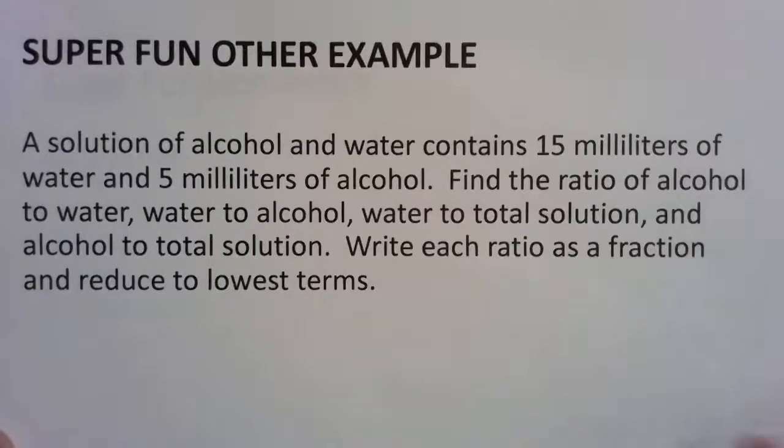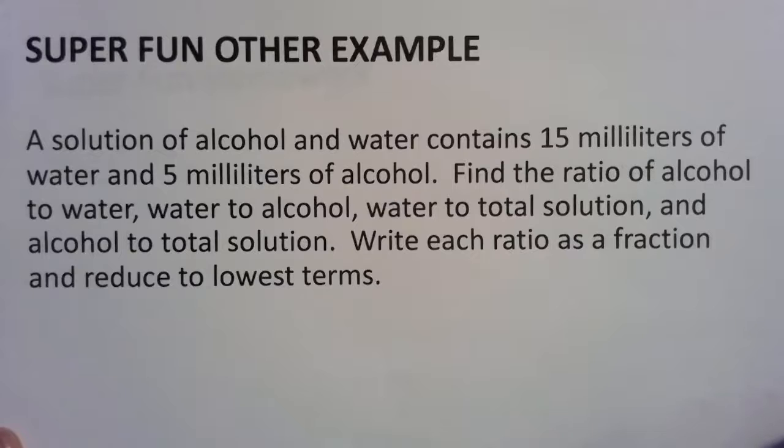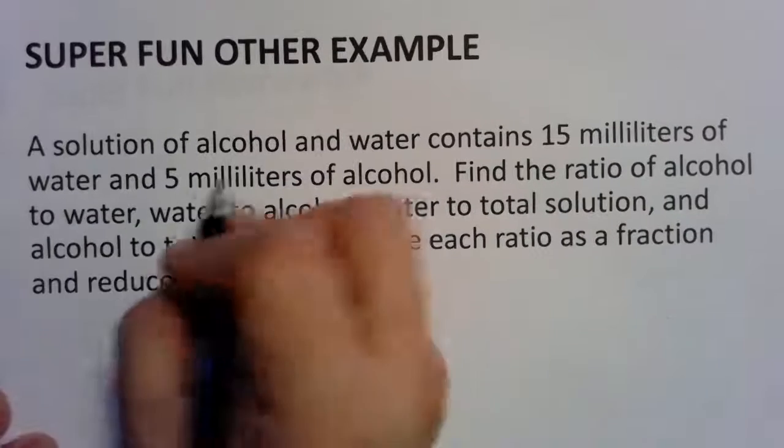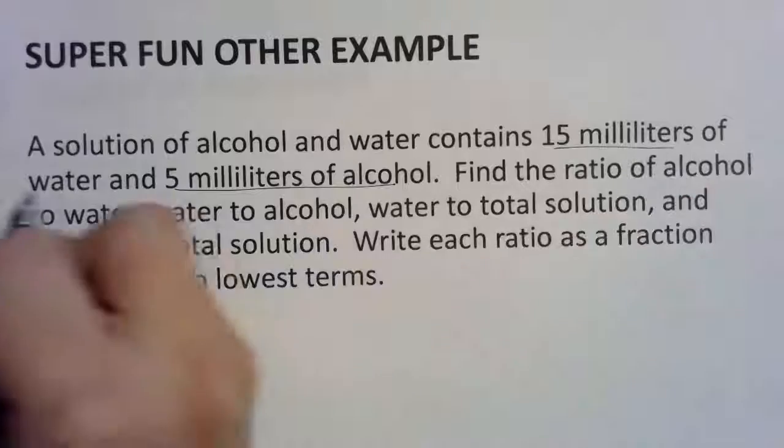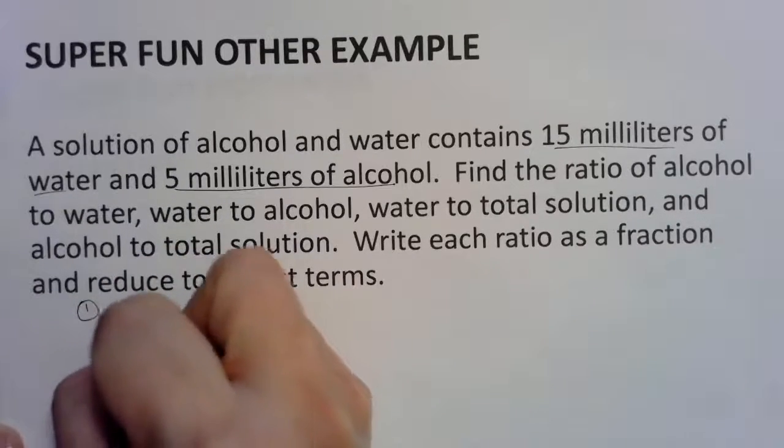Okay, super fun other example. A solution of alcohol and water contains 15 milliliters of water and 5 milliliters of alcohol. Find the ratio of alcohol to water. So alcohol is 5 milliliters, 15 milliliters of water.